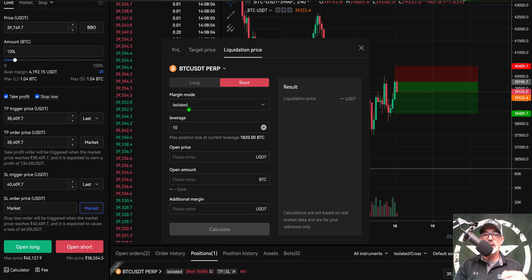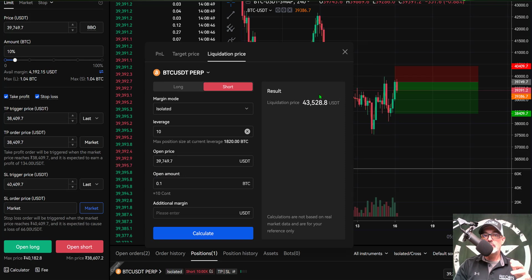The margin mode was isolated, my leverage was at 10x, my entry price is 39,749, and the amount is the amount of BTC that I'm buying, approximately 0.1 BTC. I will not be adding any margin, so now I can click calculate, and you can see the liquidation price is 43,528.